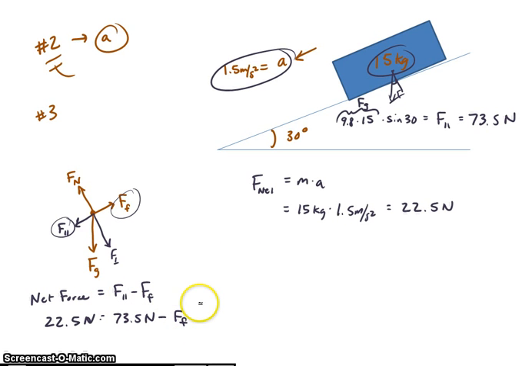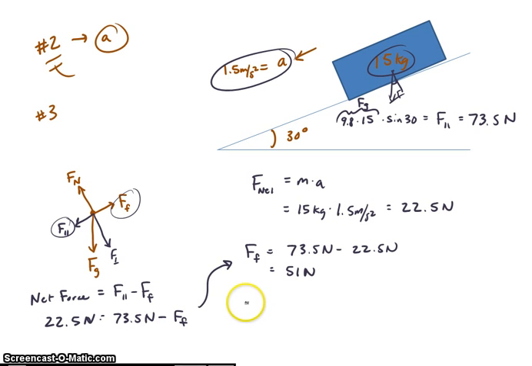So in other words, my frictional force is equal to the 73.5 newtons minus the 22.5 newtons. So 73.5 minus 22.5 tells me that I have 51 newtons of force that's actually being consumed by that friction. Okay, so in other words, that's my friction.